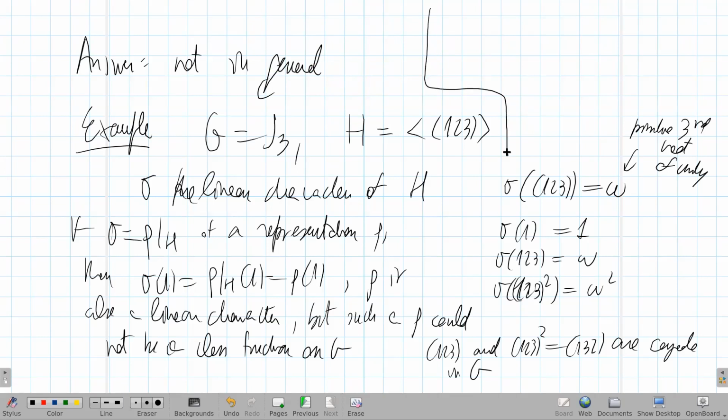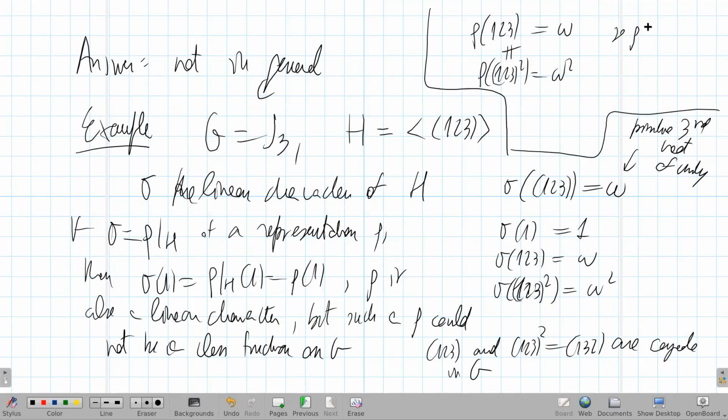So let's continue. If sigma is the restriction of rho to H, then on H, rho has the same value as sigma. So rho of (1 2 3) is omega, and rho of (1 2 3) squared is omega squared, and the two are different. And this is a contradiction because rho is a class function on G, okay?